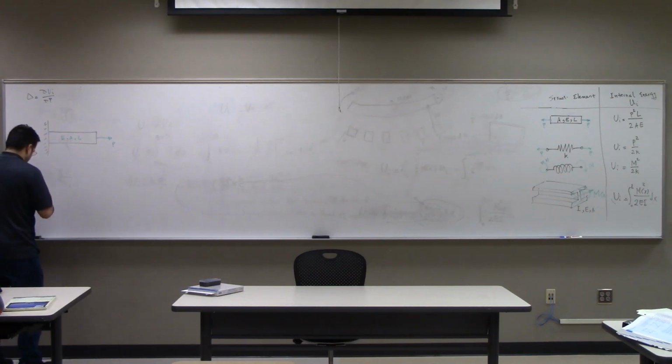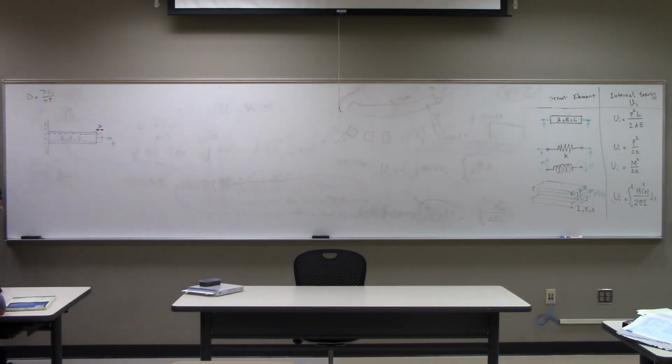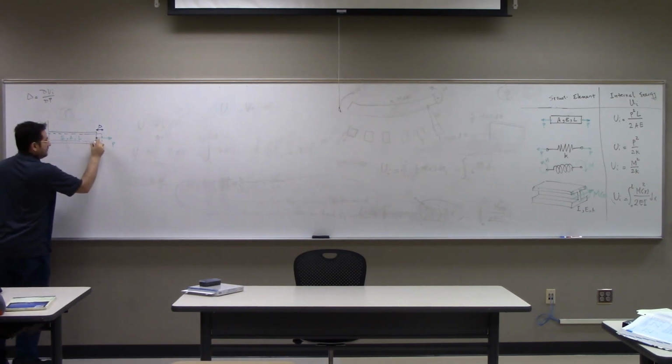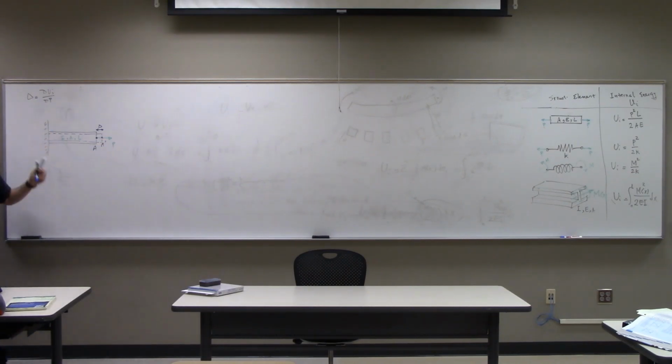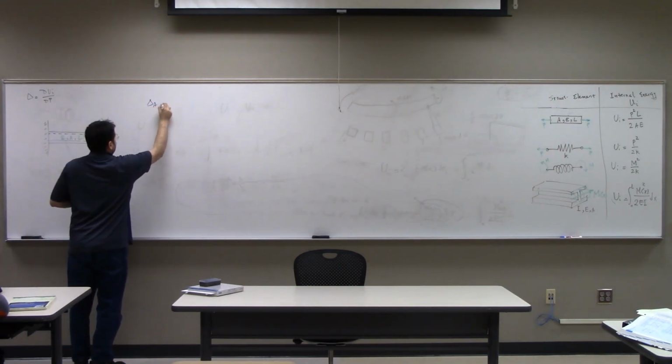Everything is parametric, so it's going to be formed like that. Now, the question is, use Castigliano's theorem to find the deflection at point A. Let's say this point A moves to point A prime, like that. Then find delta A using Castigliano.